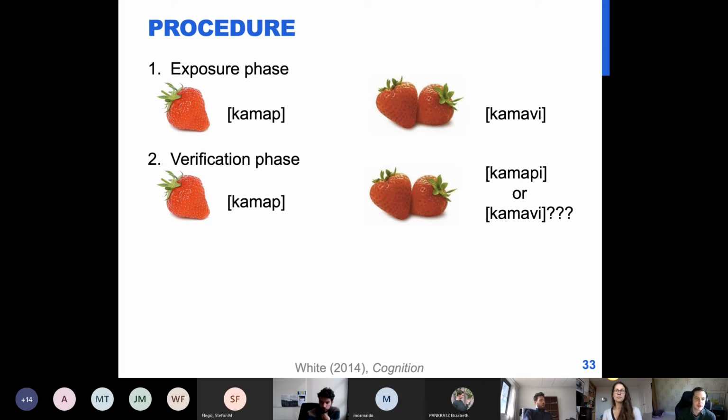So they had this sort of verification phase where they had this forced choice test. So kamap, should it be kamapi or kamavi? The right answer is kamavi. I tested them until they got 80% correct. If they didn't get 80% correct, they had to go back and repeat exposure until they could get 80% correct. So this is sort of a train to criterion method.